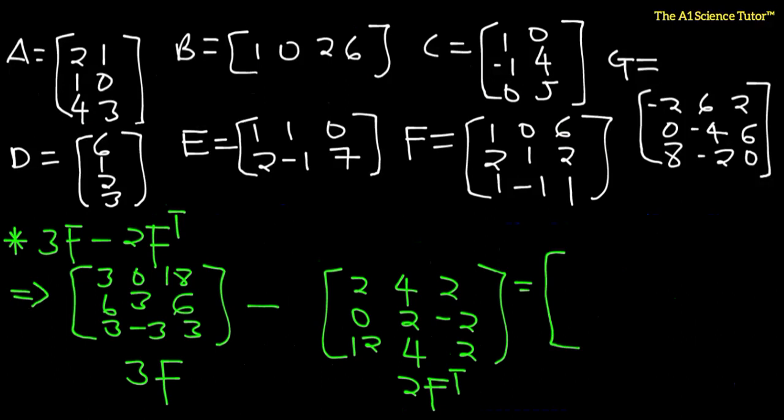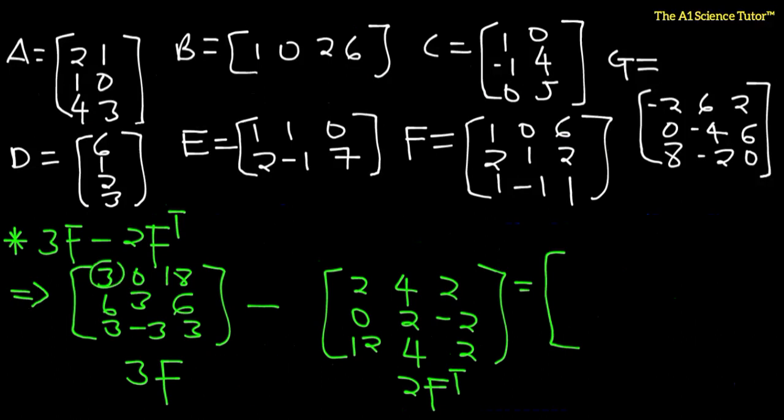Now, just like I told you, if you do not have the same type or form of matrix on the two sides, you're actually not going to have the answer to that question. So basically, if this is a 3 by 3 matrix, then the other matrix also must be a 3 by 3 matrix for the operation to work.